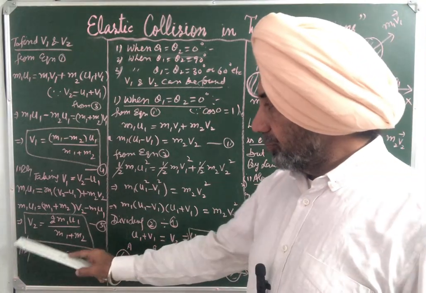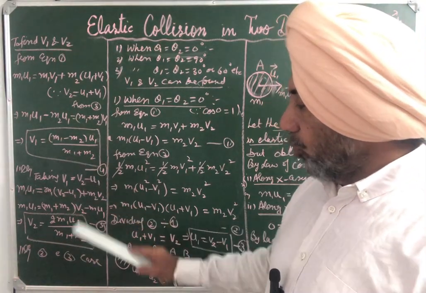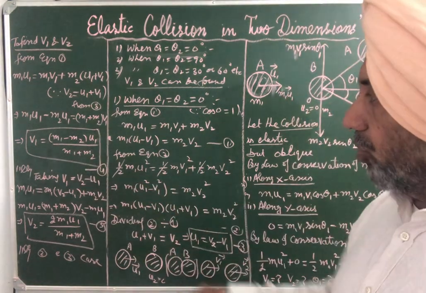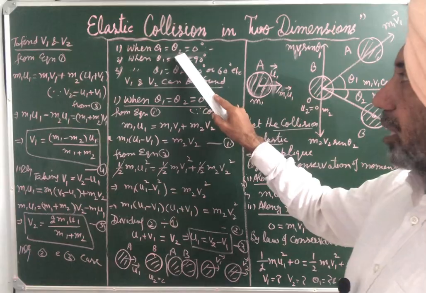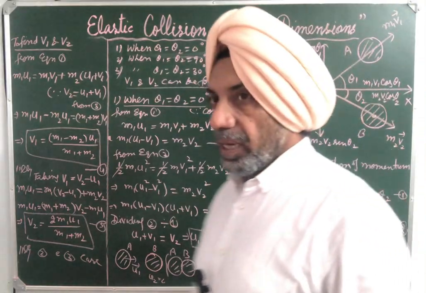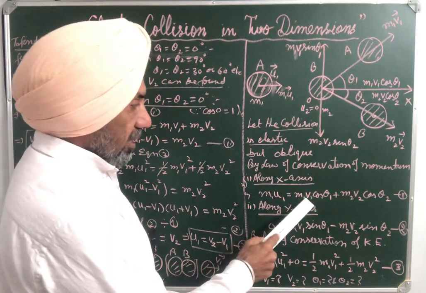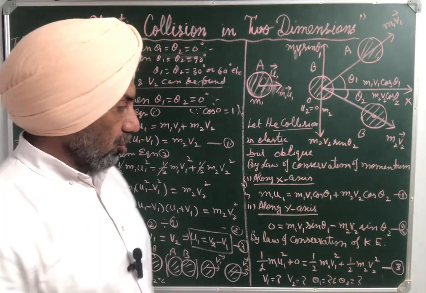So from 4 and 5, we see that we have calculated velocities v1 and v2 after collision when theta 1 is equal to theta 2 is equal to 0 degree. Similarly, when theta 1 is equal to theta 2 is 90 degree, then this equation has no role.